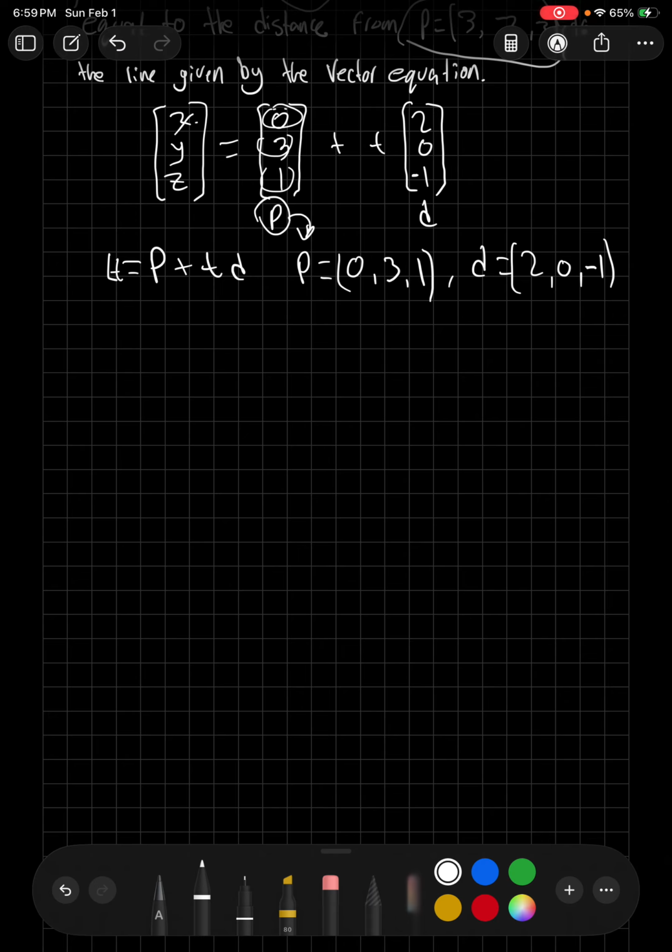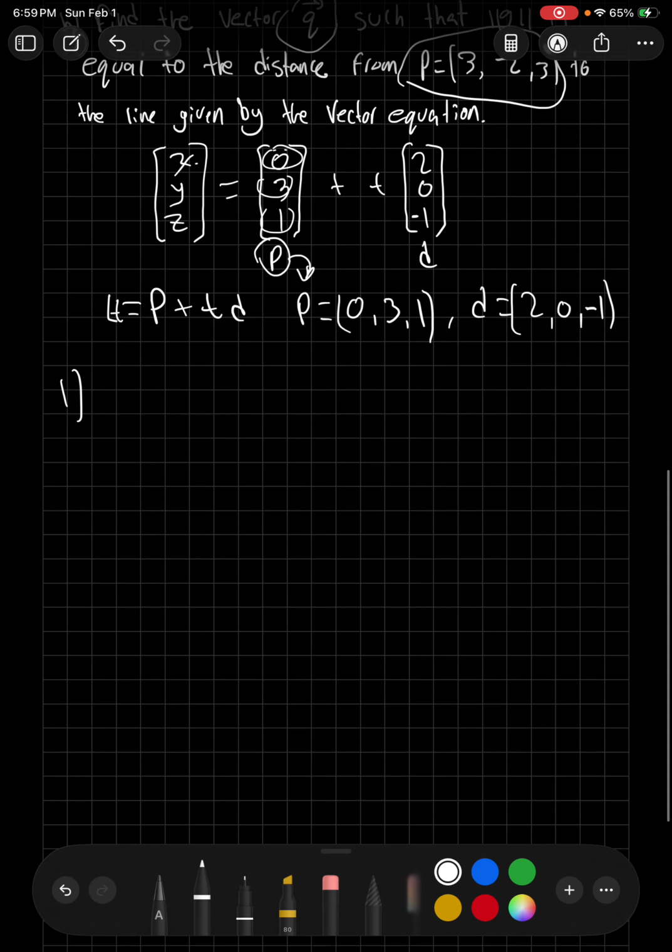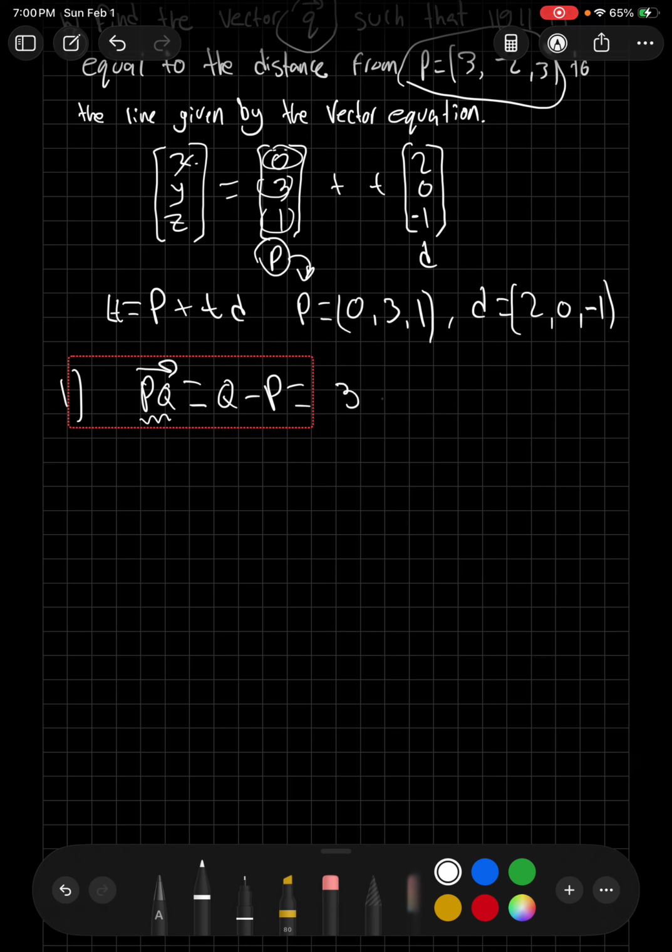So first step, you want to build the vector from the line point to your point. So we want to write out PQ, Q minus P. The distance between them is what this means, right? So that's going to be equal to 3 minus 0, minus 2 minus 3, and 3 minus 1.